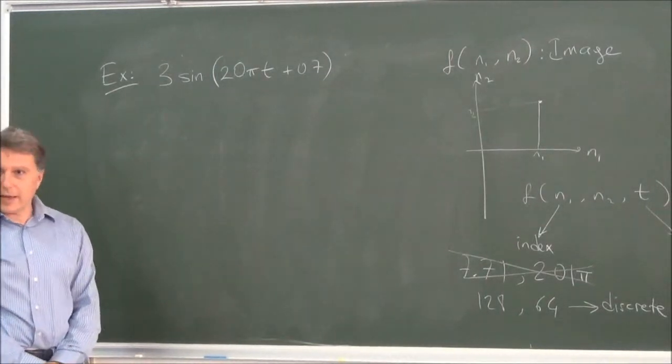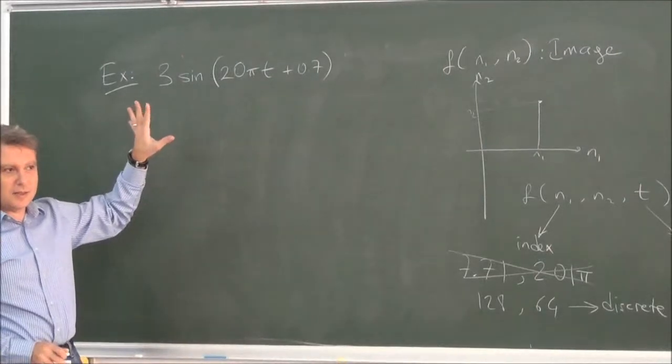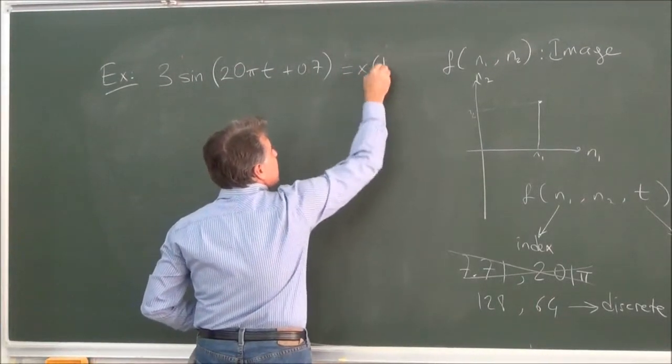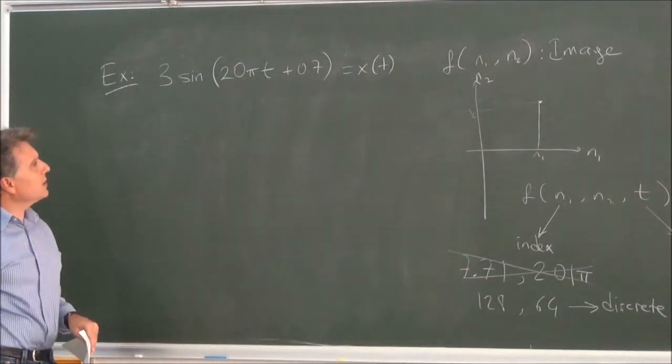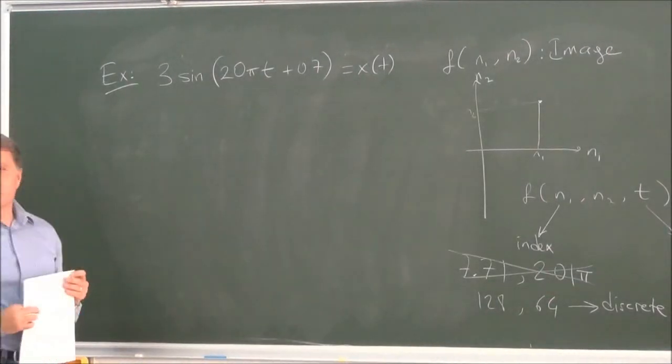It's a function of time, and it is notated in terms of t, so it's a continuous time function. Let's call it again x of t. The question is, what is the period of x of t, and what is the frequency of it?